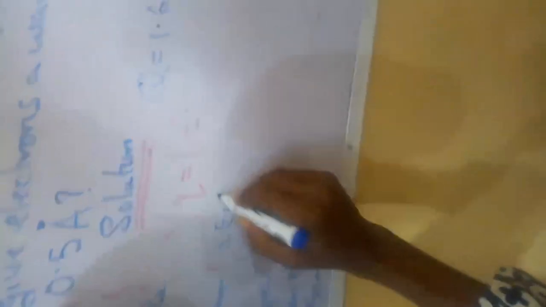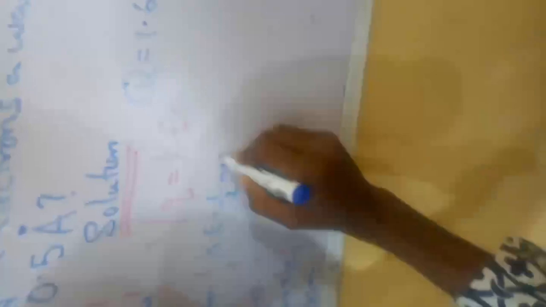Small deduction. We're going to do small deduction. KE equals 1 over 2 mv square, right? I don't know if you guys are understanding what I'm saying.